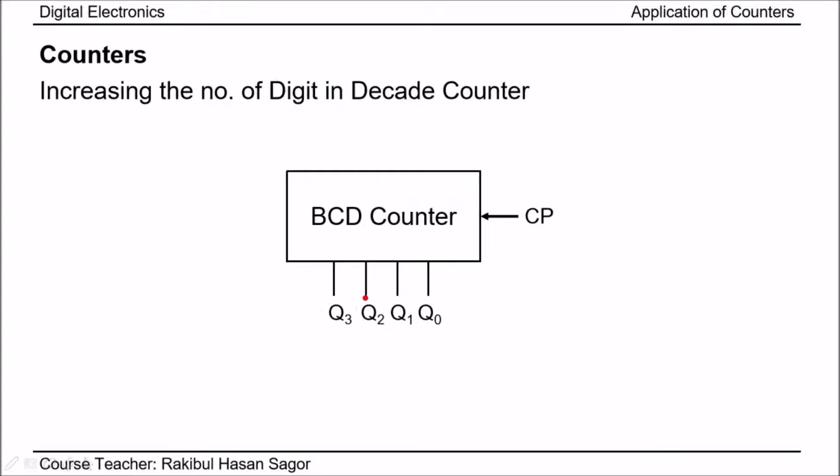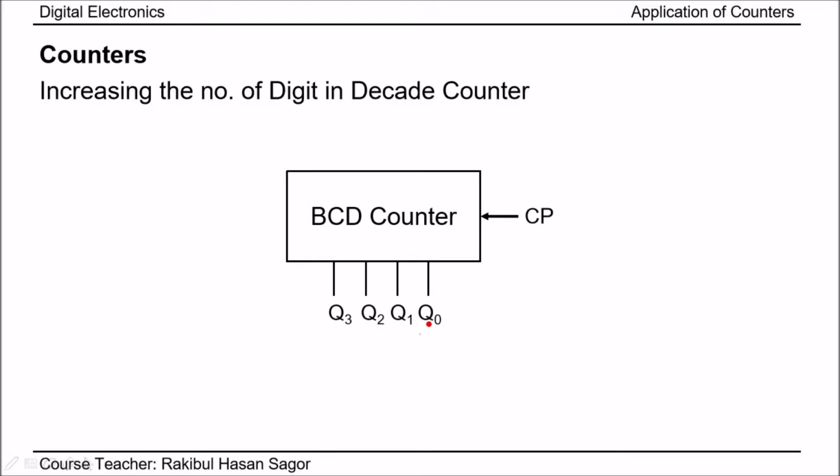It will start from 0, 0, 0, 0, then 0, 0, 0, 1, then 0, 0, 1, 0, and it will go up to 1, 0, 0, 1. When it goes to the next value, it recycles. That means it comes back to 0, 0, 0, 0 again. So it will start counting from decimal value of 0 up to 9. After 9, it again comes back to 0. So in this way, it keeps counting.